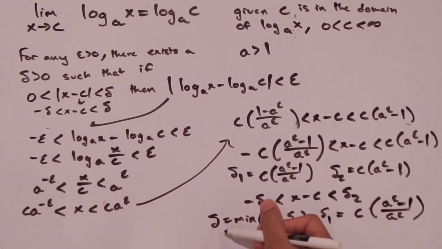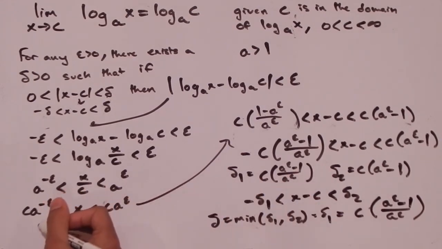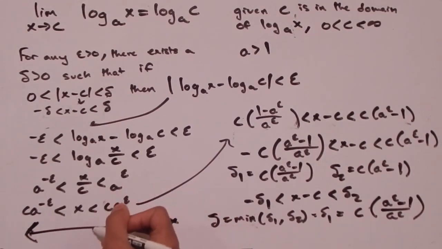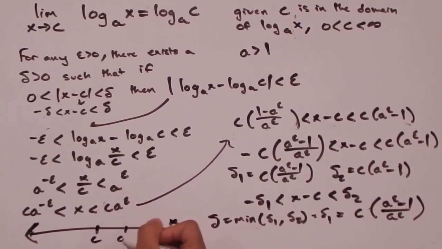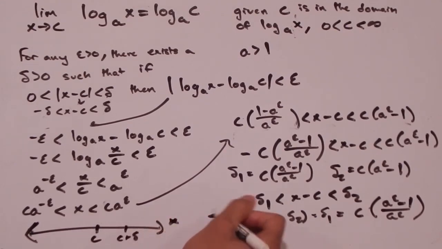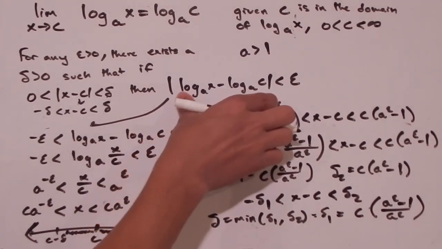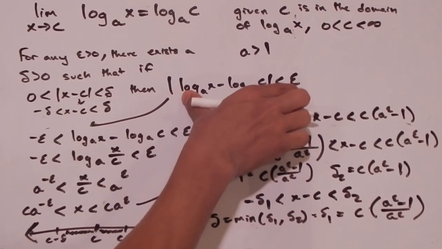We have found an interval of x values such that if I draw that interval again right here, where this is my x number line, going from c to c plus delta, I've defined it as delta, and c minus delta, if I pick any x values inside this whole interval, or maybe even inside the whole interval except at c, so I don't care about c, then when I plug that x value into this inequality, I would find that this inequality holds true.